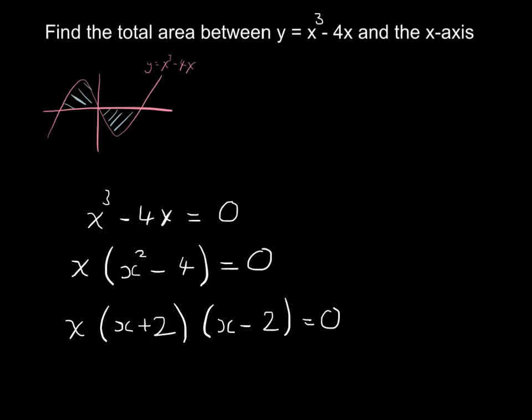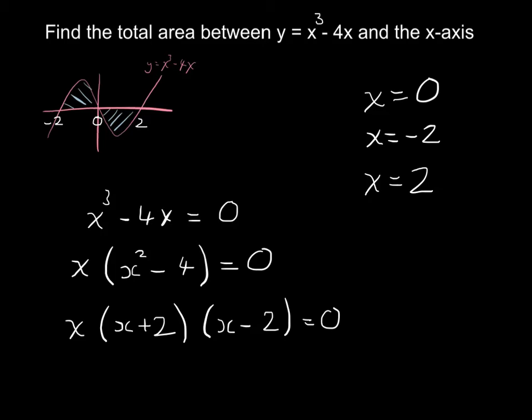So we have three solutions. x equals 0, because if x equals 0 this will cancel everything out and it will equal 0. Or x equals minus 2, when the second bracket equals 0, or x equals 2, when the third bracket equals 0. So we have three roots: minus 2, 0 and 2.